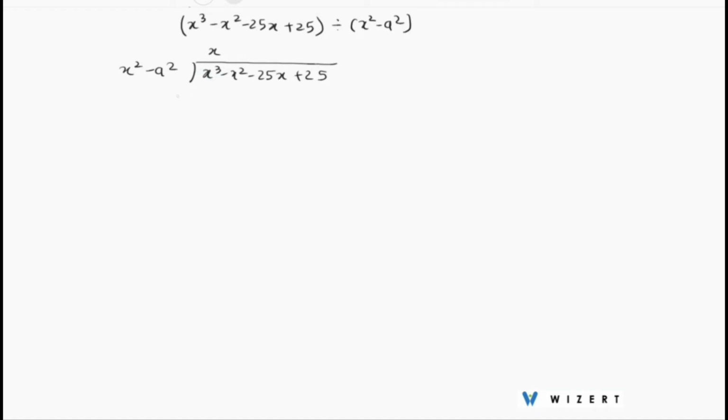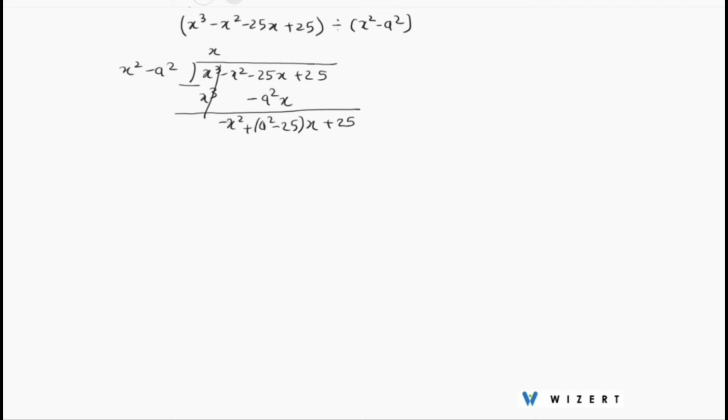So we have minus x cube minus a square x. So x cube gets cancelled out. We have minus x square remaining, and minus 25 minus of minus a square is a square minus 25x. And 25 will come down here.